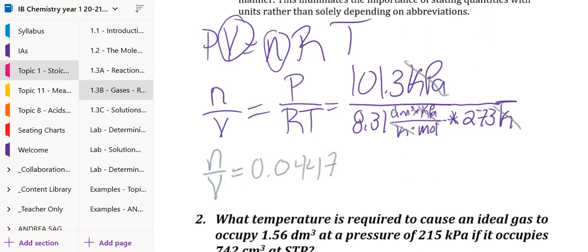Can I just shift decimeters cubed over moles to the top? Okay. So there on the bottom, tell me what the unit will be. What unit is this 0.0447 in?